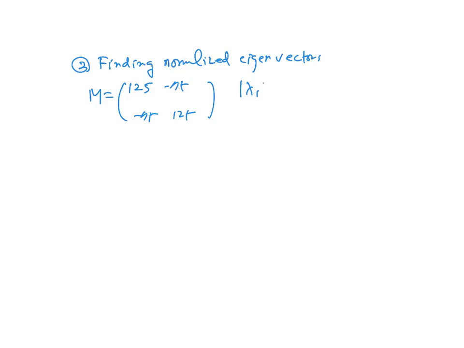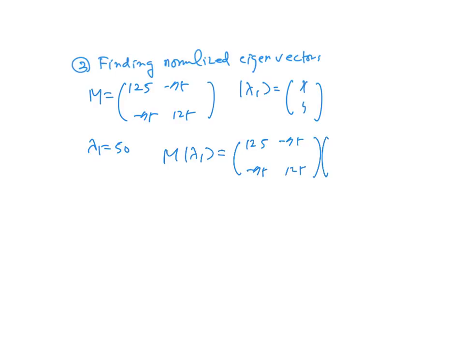So let lambda 1 be 50. We don't know x, y, right? So M times (x, y) is (125, minus 75; minus 75, 125) times (x, y), equal to 50 (x, y).